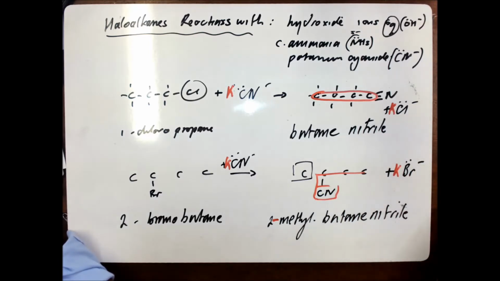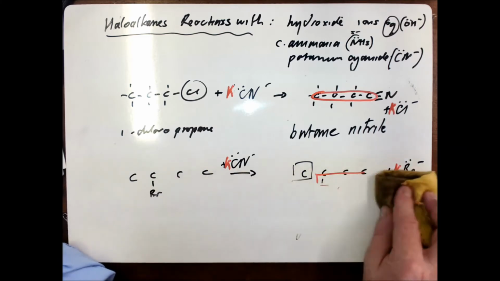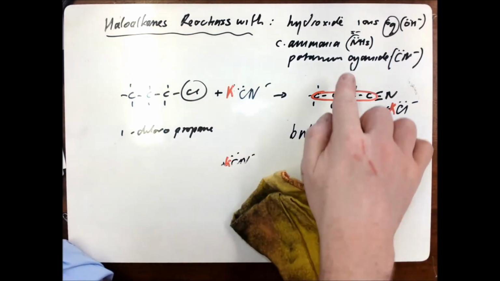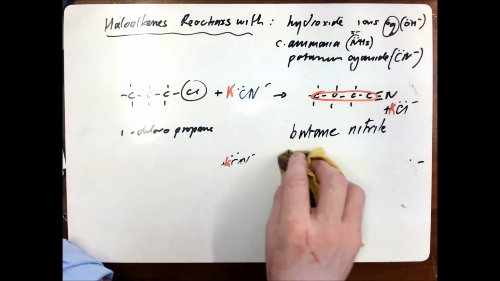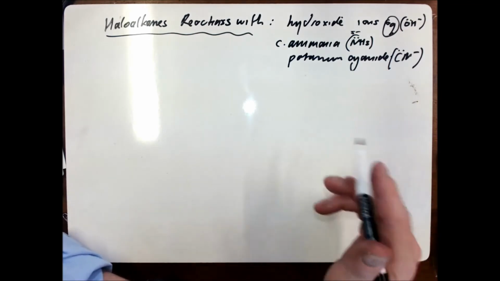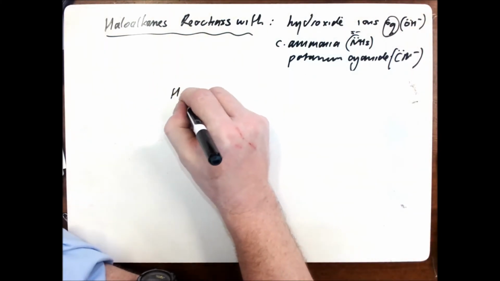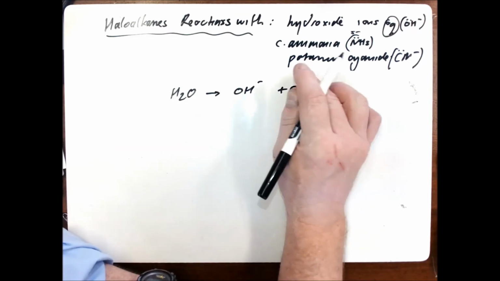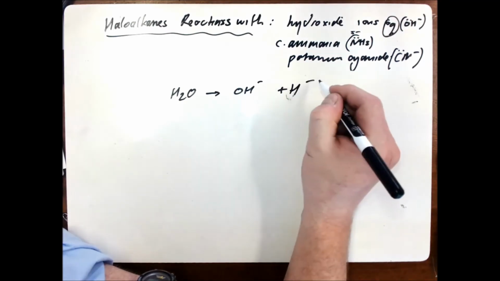I'll just look at one other little thing here, the dot cross diagram of a cyanide ion, which they frequently would ask you. The conditions for this, by the way, are heat under reflux with the potassium cyanide dissolved in ethanol. The reason why we use ethanol as a solvent is because if we use water, you may not know this at lower sixth, but water actually contains some hydroxide ions.